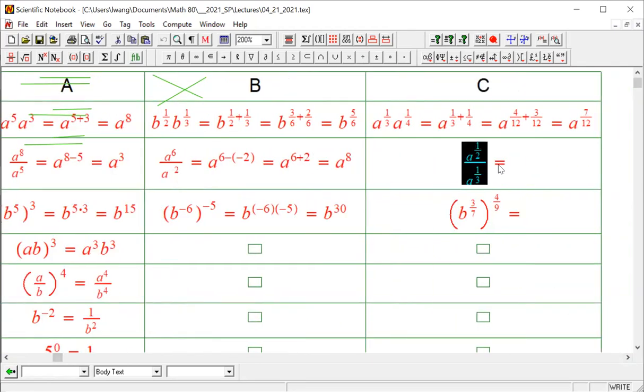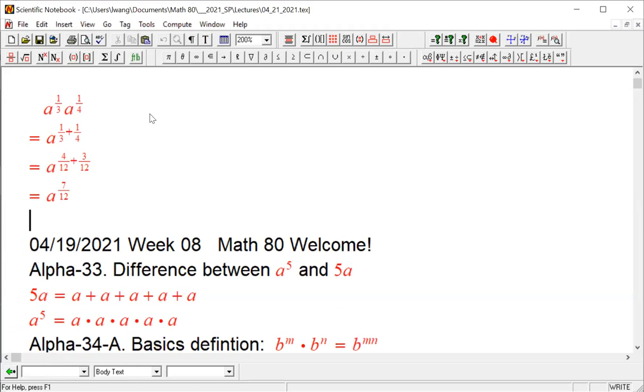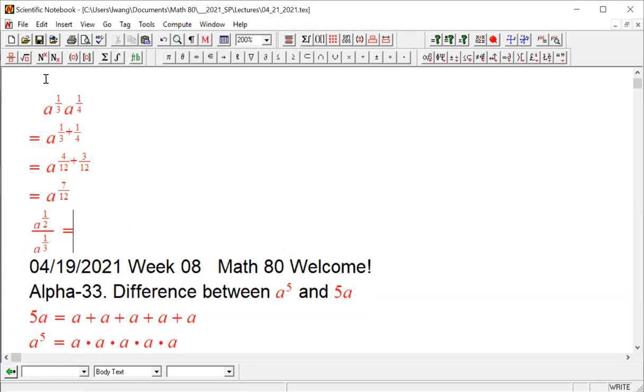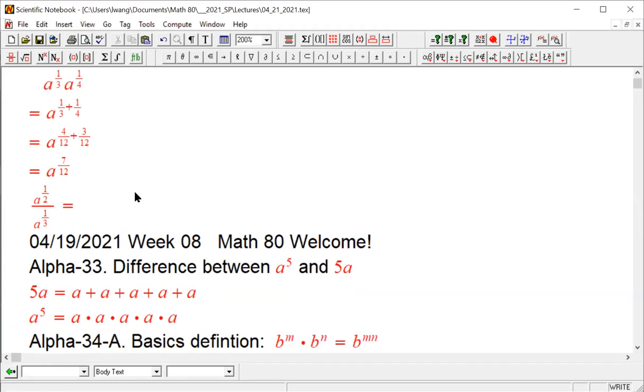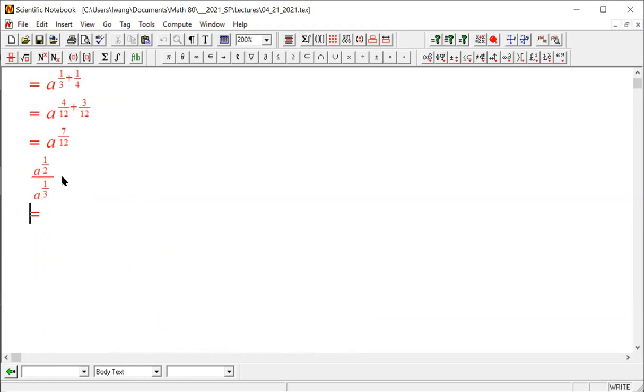Okay. Subtraction. A to the power half divided by a raised to the power third. How do we write it down? So let me just clean this up. Go down to that. If you write it, you should write it this way.